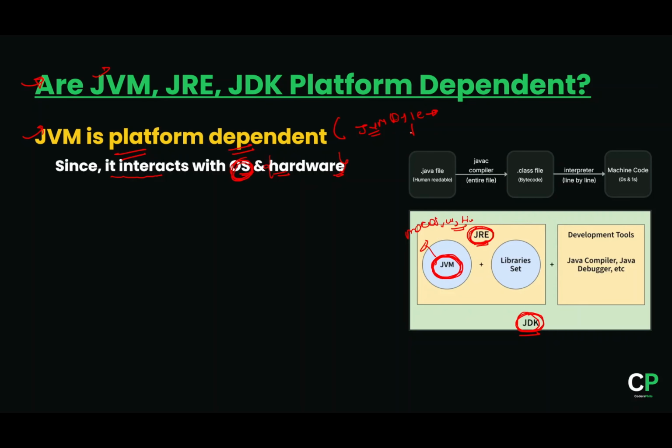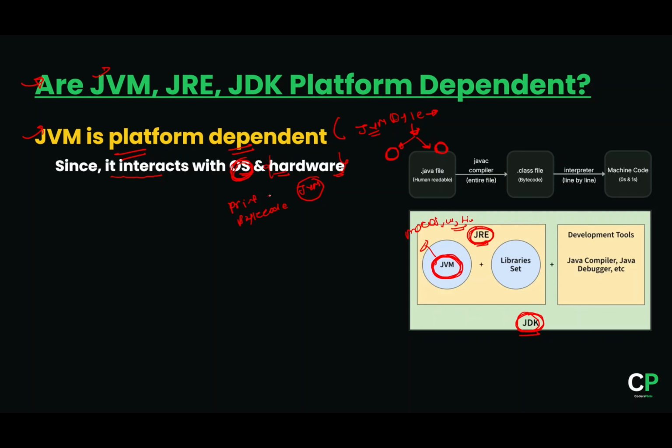For example, for printing on the console, there will be different instructions for the Windows operating system and for the Linux operating system. The bytecode has the same print statement, and it is the role of the JVM to convert it.